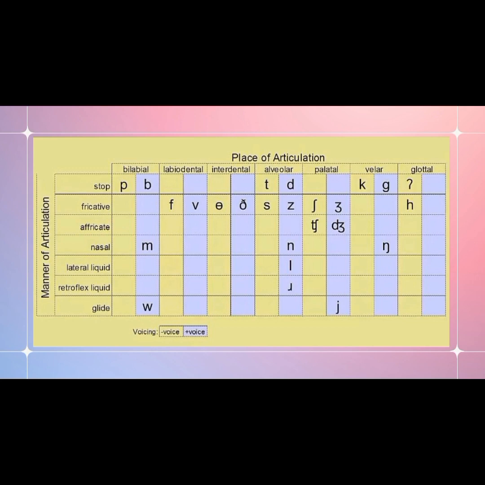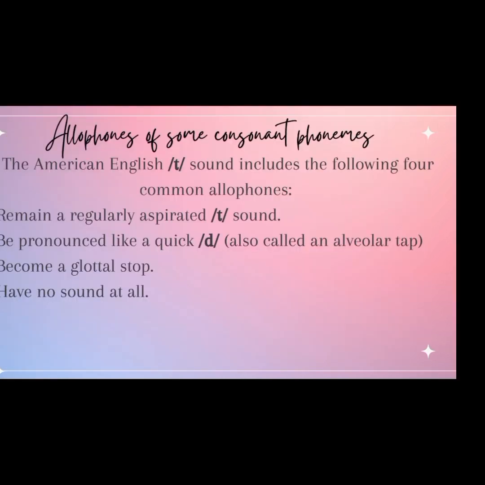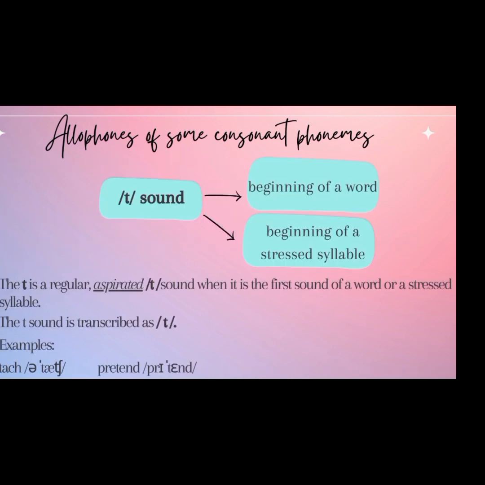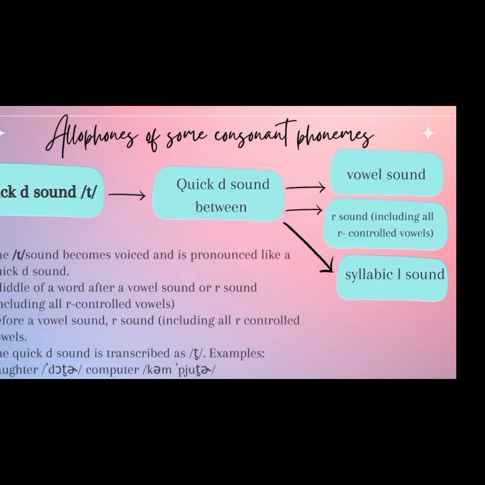And now that we have constructed our table, let's go ahead and look at the IPA symbols for the consonant phonemes in American English. The allophones of the sound T in American English include the following.